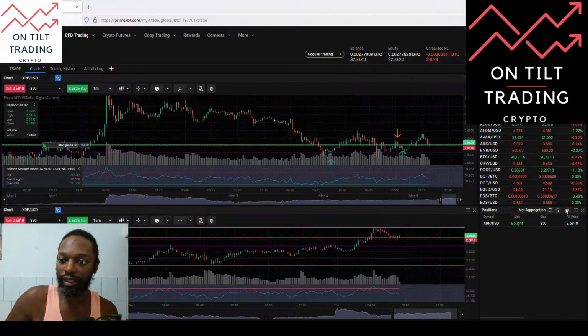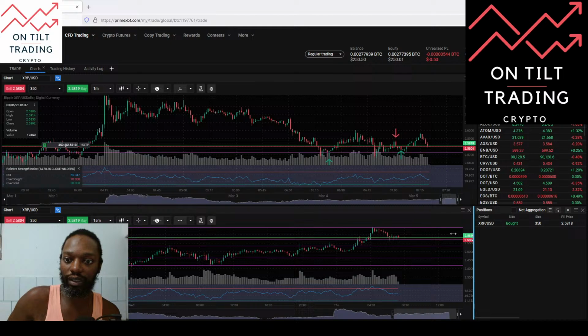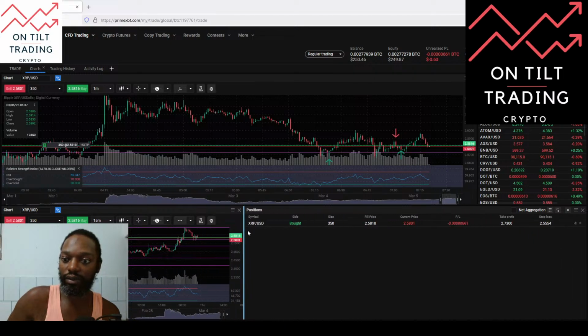And if we look at the overall pattern here, we're putting in lower highs. Okay, I'm not a big fan. I believe I'm going to take this off again and just wait until the U.S. market opens and reevaluate what tickers are doing here.